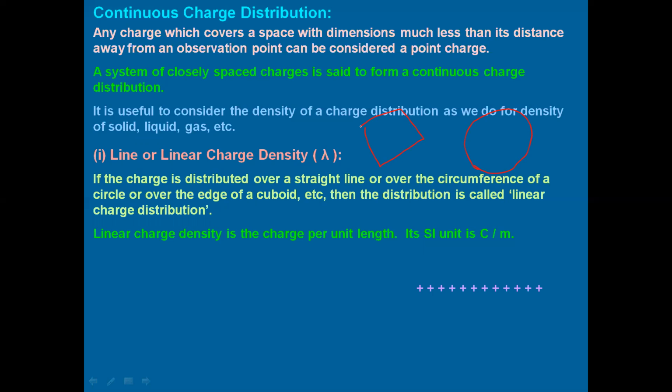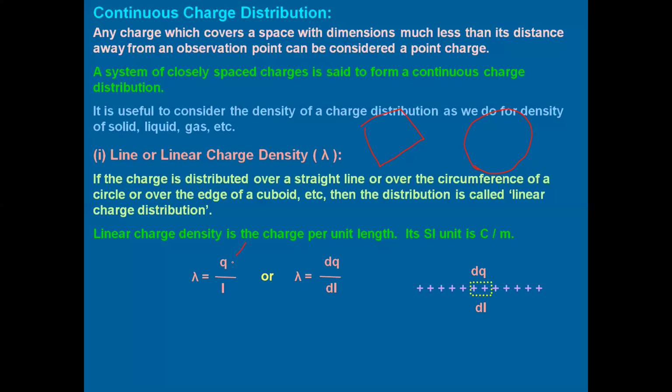Lambda is the symbol given for linear charge density. It will be equal to Q by L, or if you take an infinitesimally small charge dq over a very small length dl, we can write lambda is equal to dq by dl.